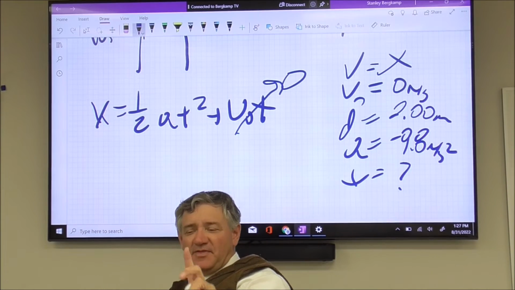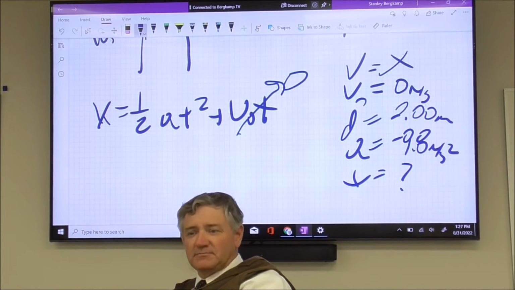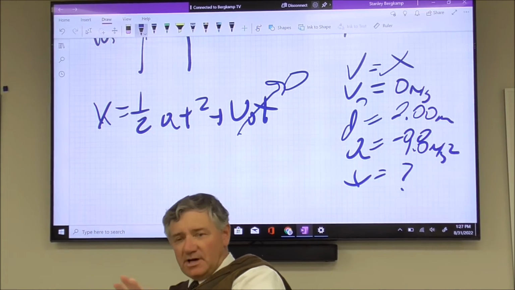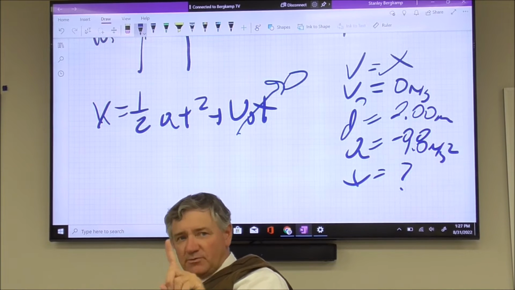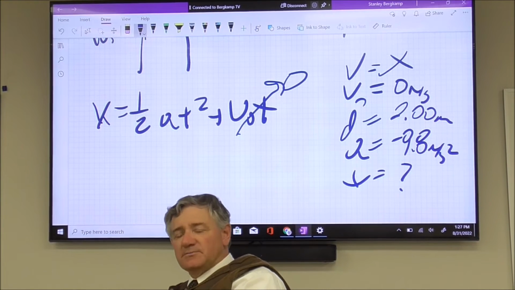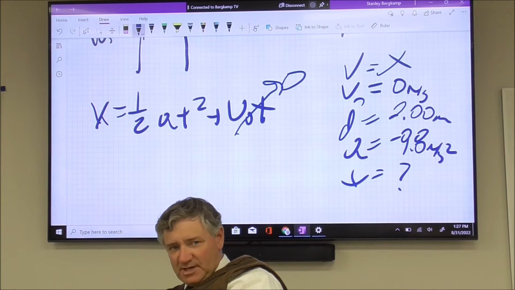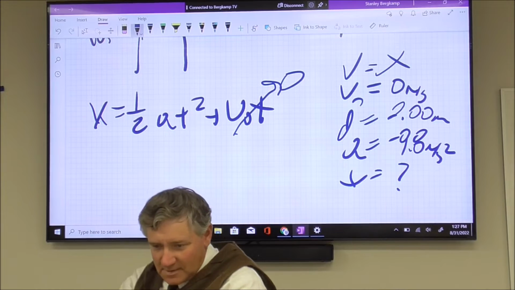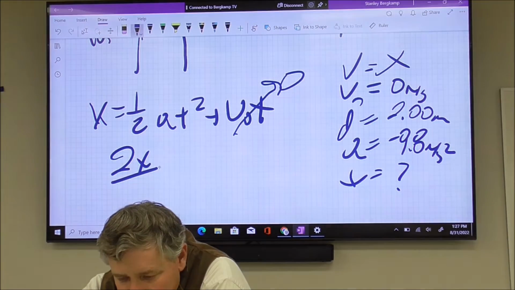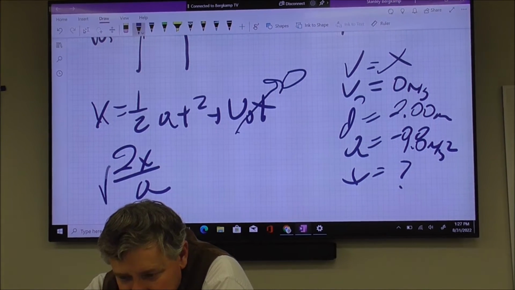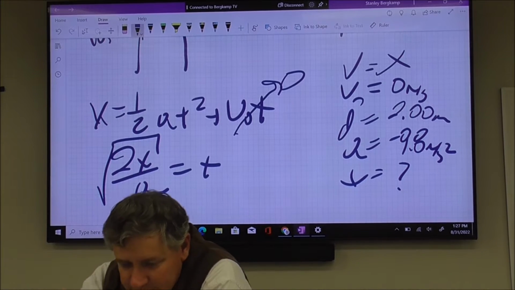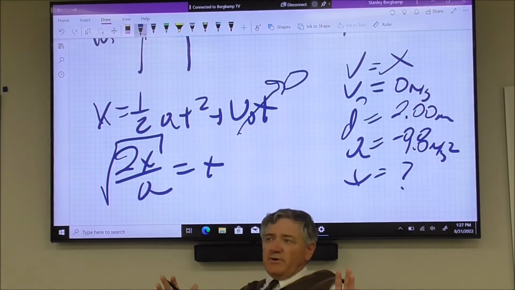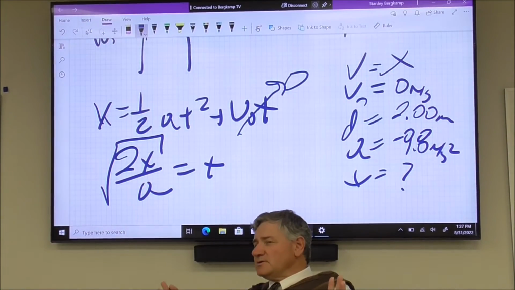Because if this thing is going to be falling, initial velocity is 0, it's going to hit the ground, right? I'm going to find this time. V naught drops out. I'm going to solve this equation for time. So Becca, what does that equation look like solved for time? It would be 2x divided by a, squared. How about square root? Yeah. Okay. Now, this is not a huge equation. It's a very subtle equation.